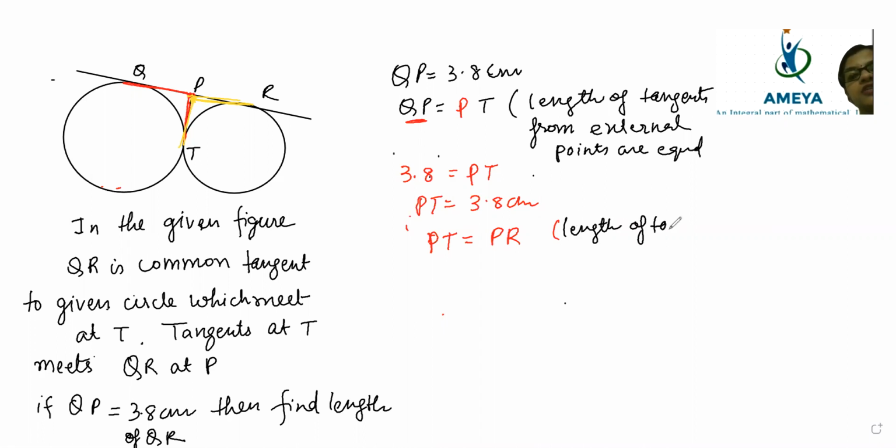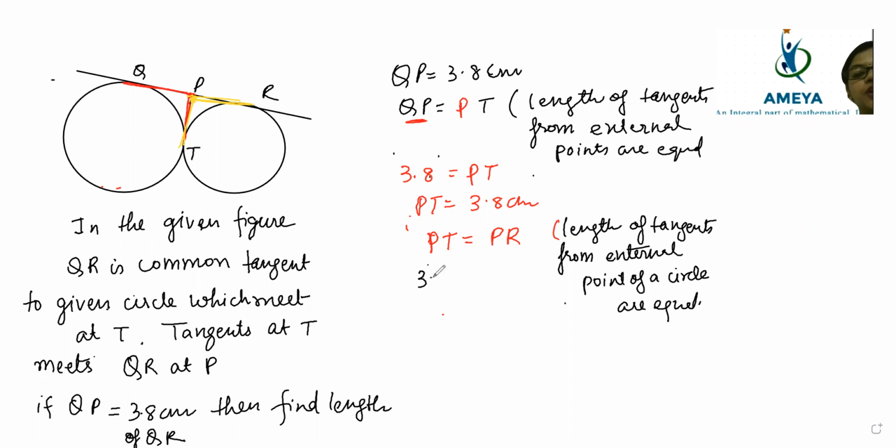length of tangents from external point of a circle are equal. So now beta PT is 3.8. So PT is 3.8 is equal to PR.